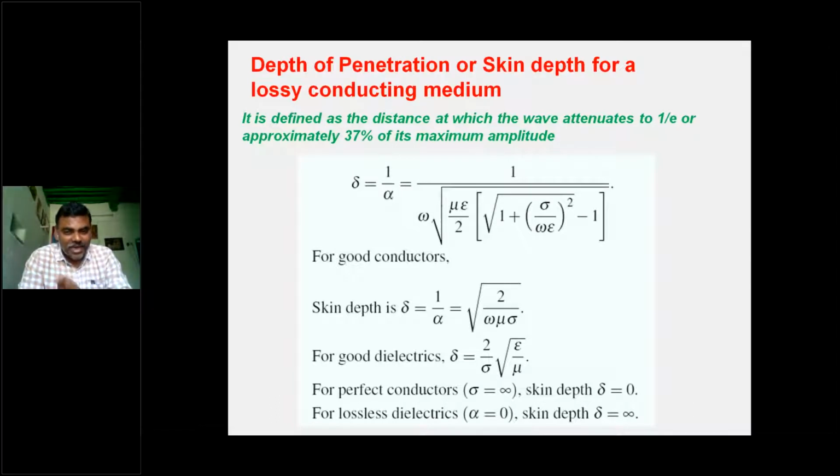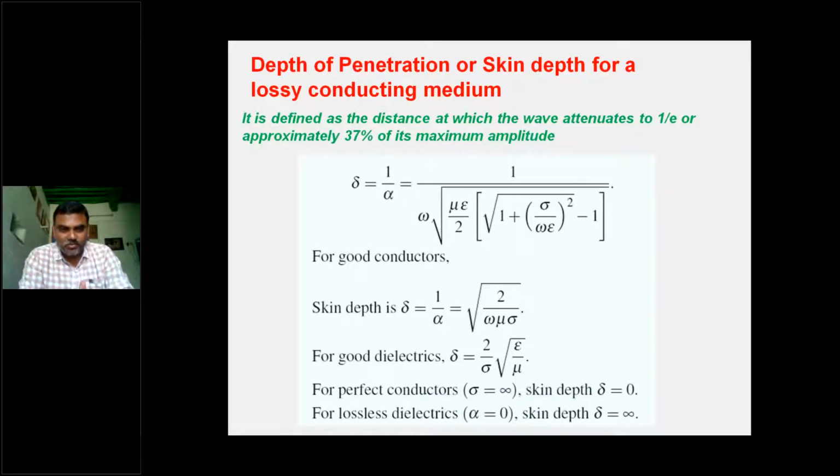That's why for the perfect conductor, where the conductivity is infinite, the skin depth is 0. Whatever point charge is placed in the perfect conducting media will immediately disappear, and will appear at the surface of the conducting media.